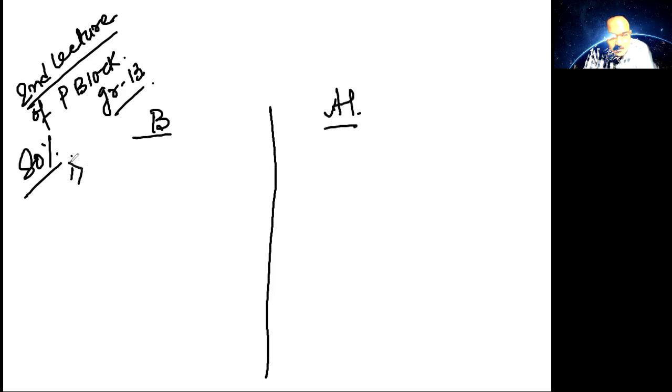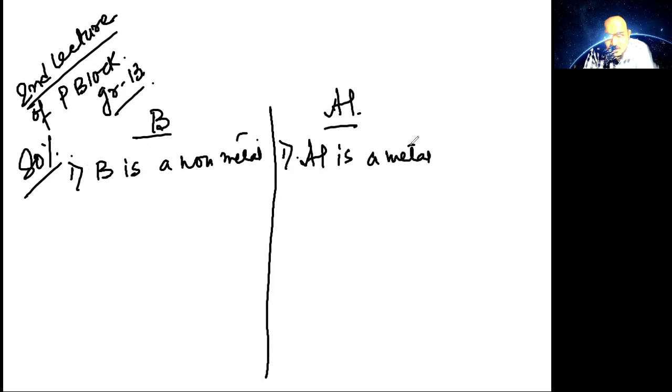So first one is that boron is a non-metal, generally. Aluminium is a metal. So this is the most basic difference.